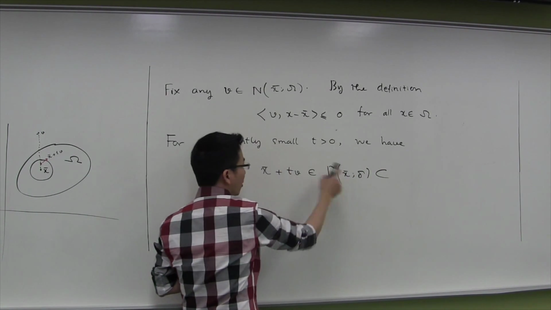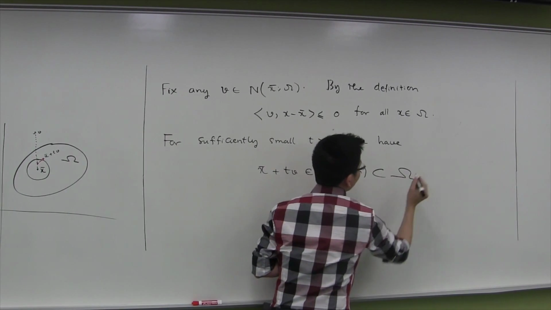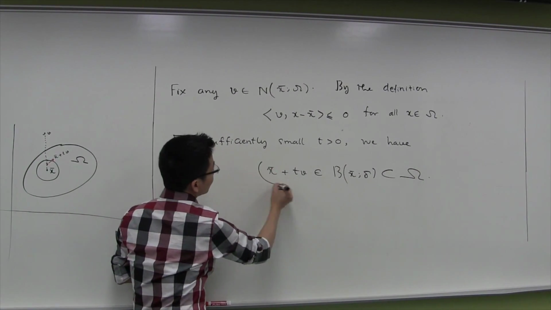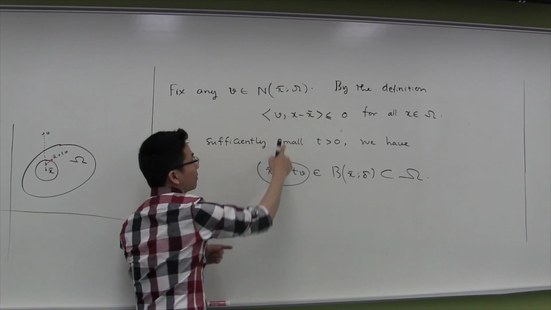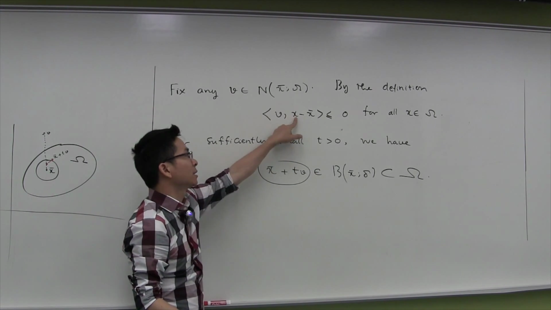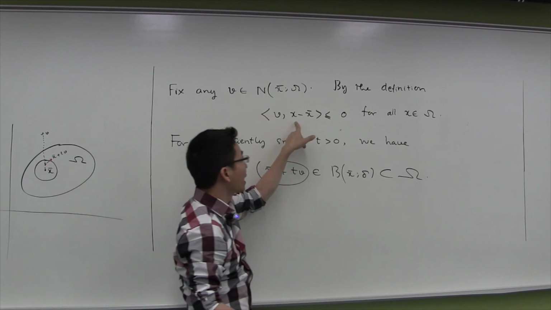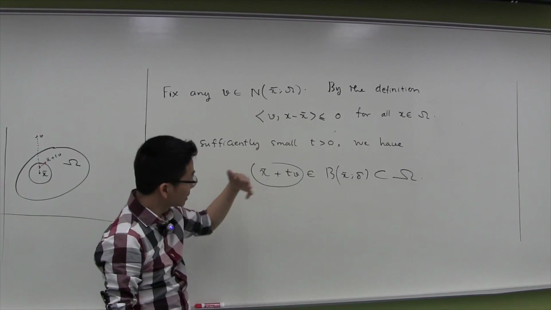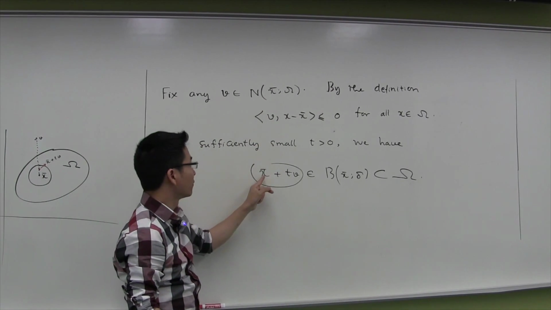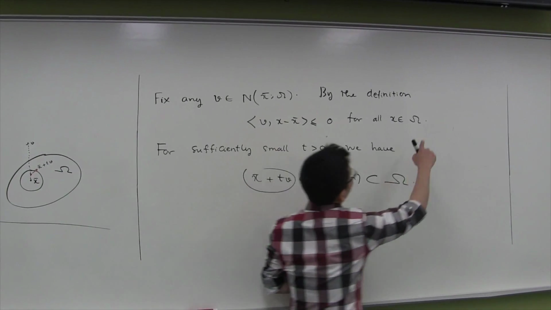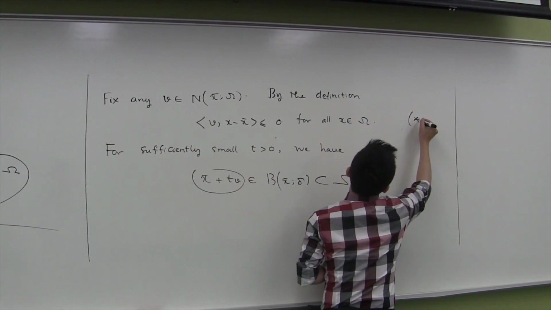So this ball is a subset of omega, and then we apply this property for x replaced by x bar plus tv. This is true for all x in omega. In particular, it is also true for x bar plus tv. Okay, so I denote this formula by star.